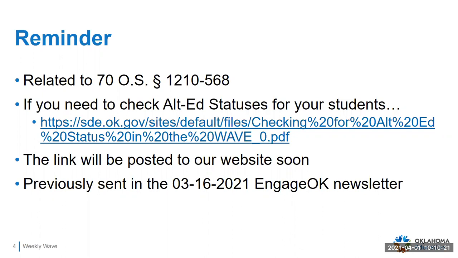If you need to double check to make sure that your student information system is sending us a yes or no for your alt ed students, you can check that on the wave under My Data. There is a link to that here in the chat and on your screen if you're looking at this later. The link to it directly will be posted on our website soon, but this was sent out previously in the March 16th Engage OK newsletter if you get those.